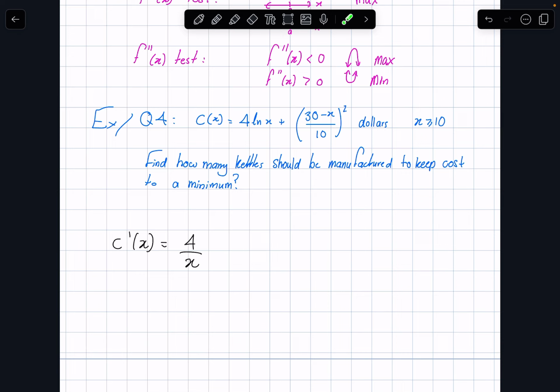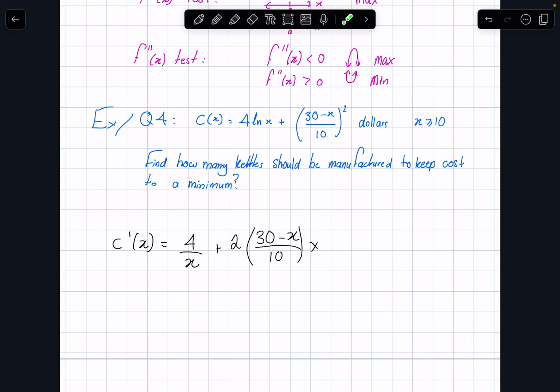Now the trickier one here is this little guy in here, but it is just a little chain rule. So I've got the 2 that comes out the front, so plus 2. Rewrite the inside, (30 minus x) all over 10. Drop the power by 1, and now we have to times by the derivative of the inside. This is a bit trickier to spot, but inside here, essentially we've got 30 over 10 minus 1 over 10 x.